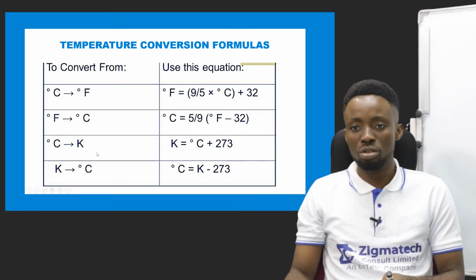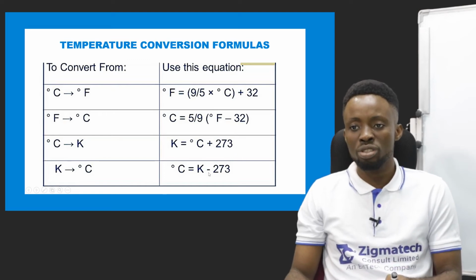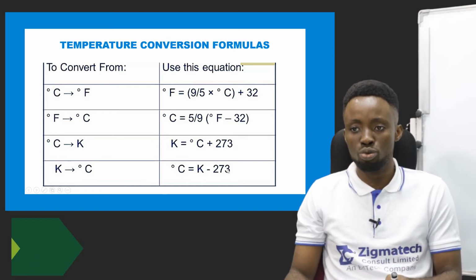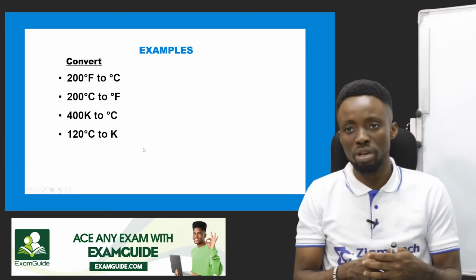Then for Celsius to Kelvin, we simply do the degree Celsius plus 273. Then to convert back to Celsius, we do the reverse. We simply say the Kelvin value minus 273. So let's quickly look at some examples.